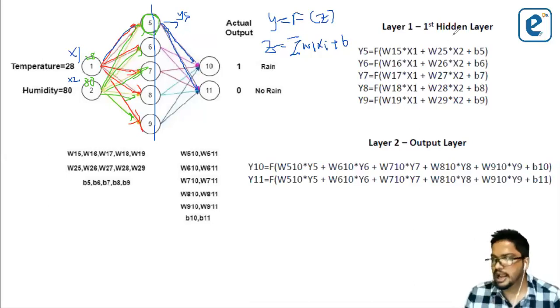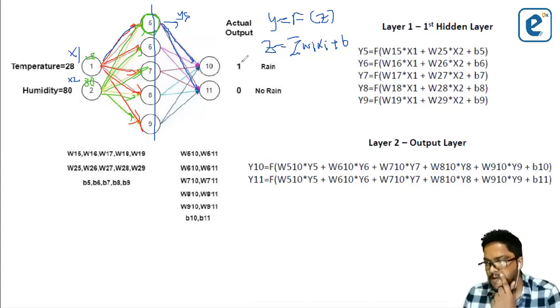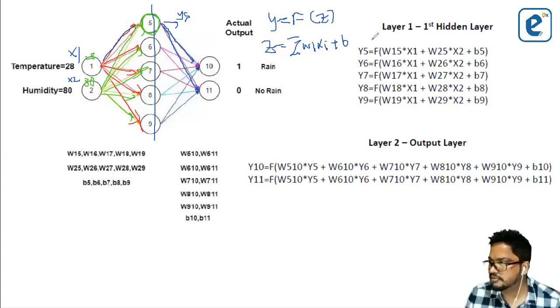In order to calculate those values, we need to apply them to a function called f, and this f function is known as the activation function. So we apply the values coming from here to the activation function, then y5, y6, y7, y8, y9 will be calculated.